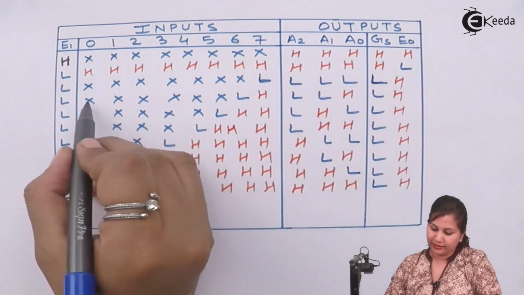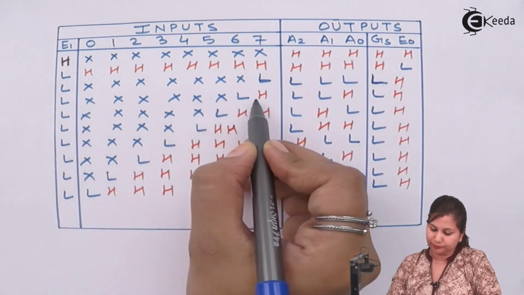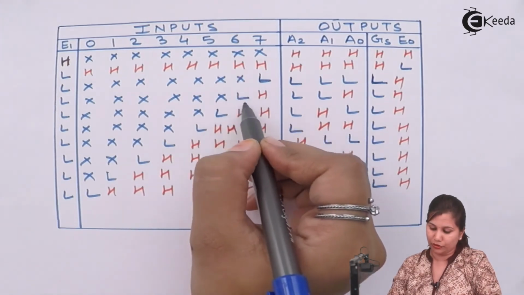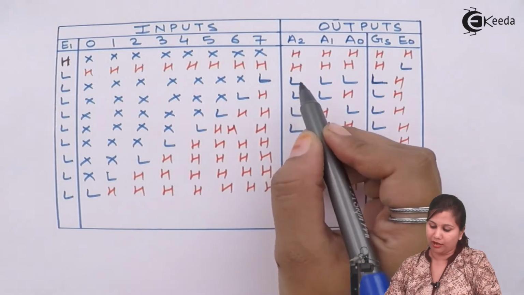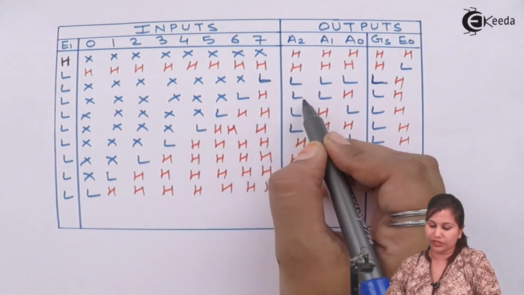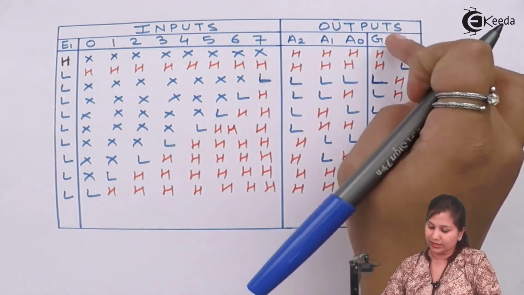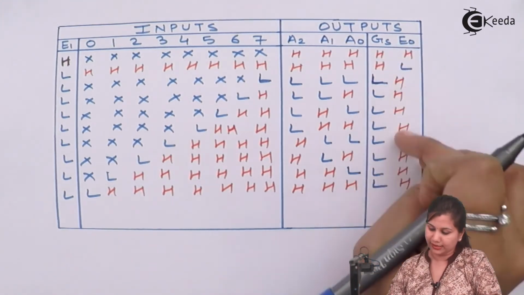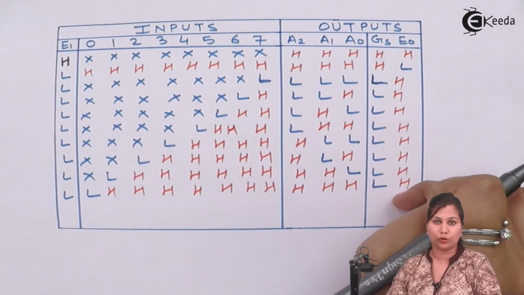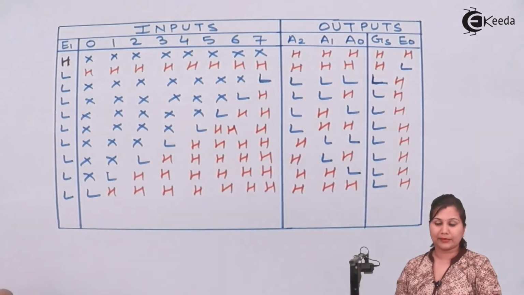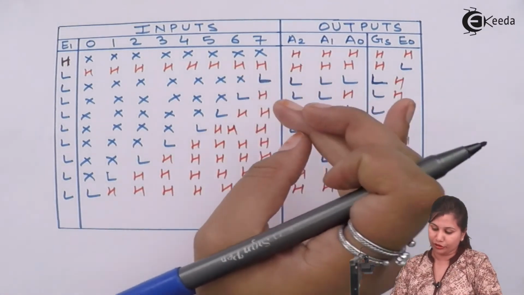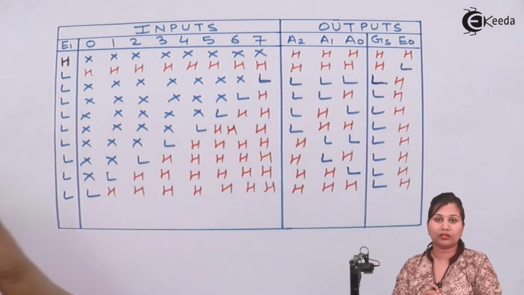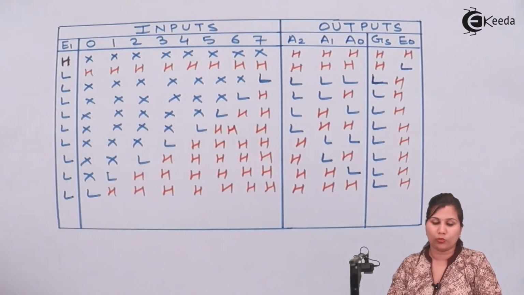Then if the 6th input line is low, the output code is 0, 0 and 1. You can see that in all these cases E0 is high and GS is low. In this way the priority is decided by the lines GS and E0, and this is how the priority encoder works.